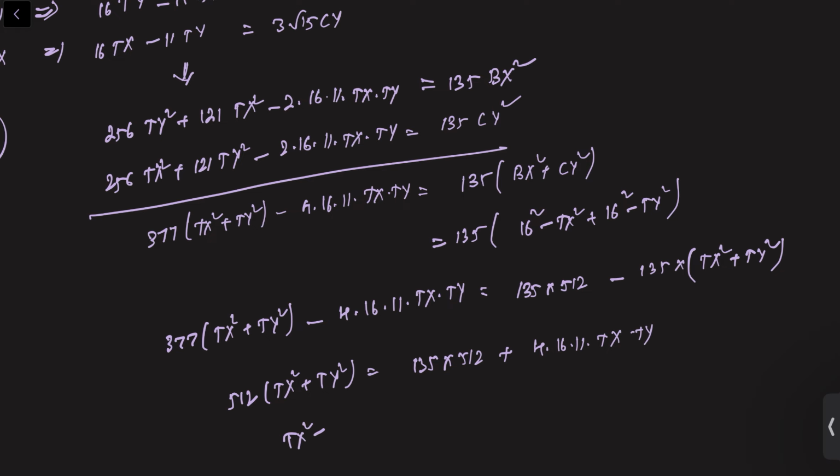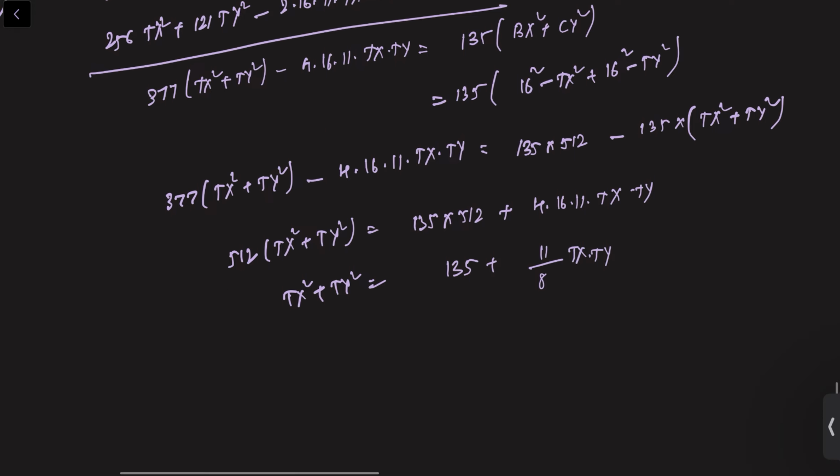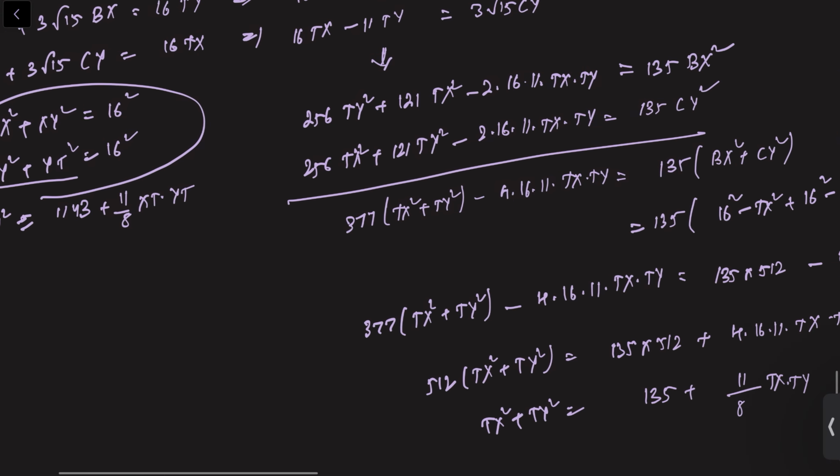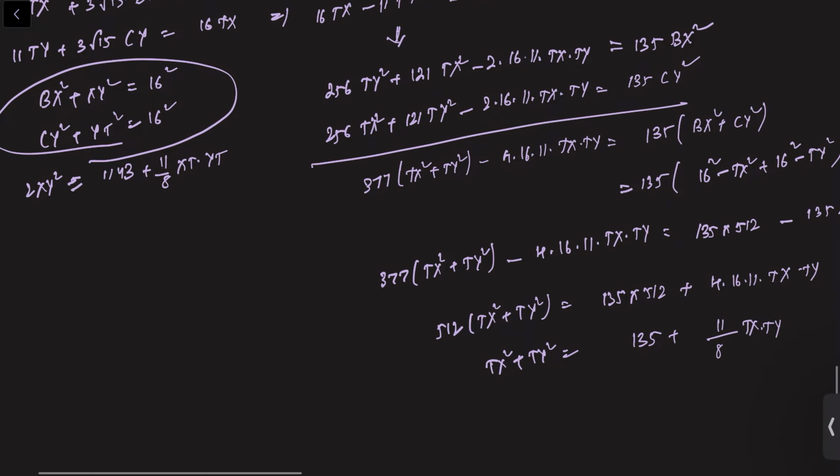So that means tx² + ty² is nothing but 135 plus, 64 divided by 512, which is 1/8, so 11 by 8 tx into ty. So tx² + ty², we already know from this, is 135 plus this thing.